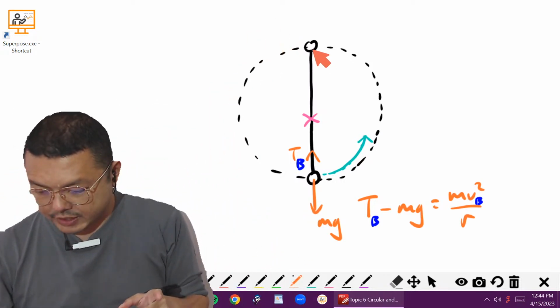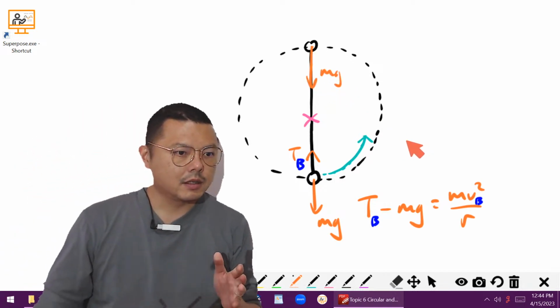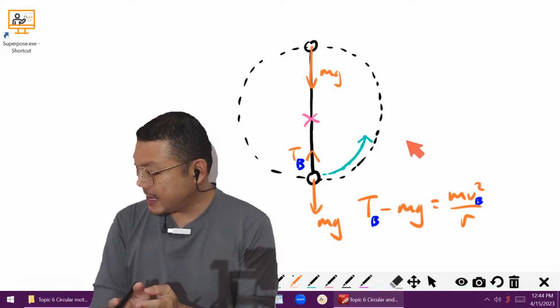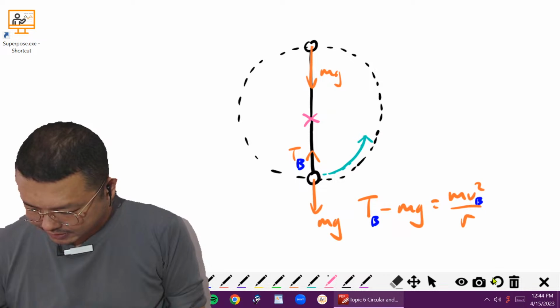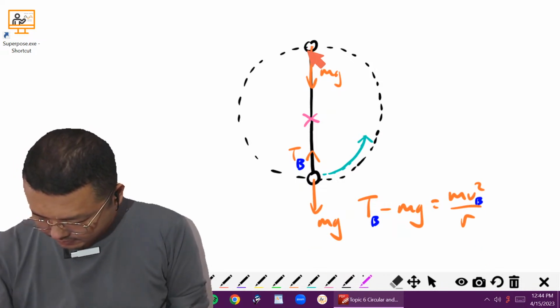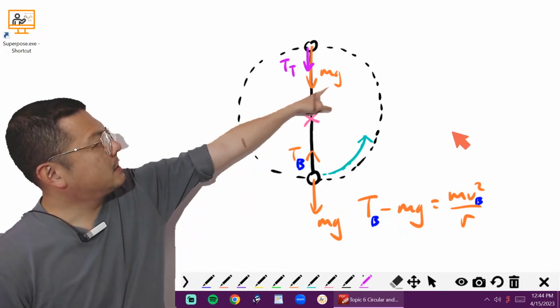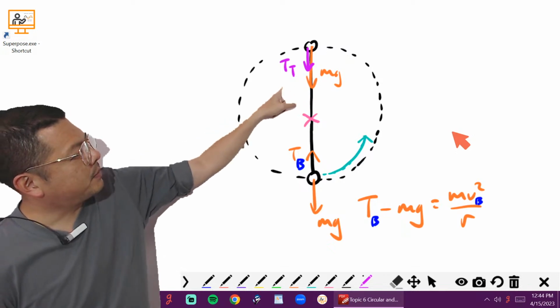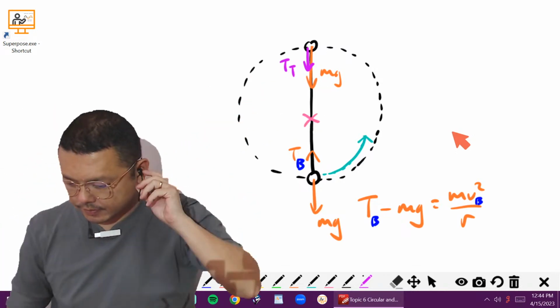Mg, which is the same mg, and a smaller T, but then the T is pointing down. I'll put a T top, TT for the top side. The tension, and then this is the mg.